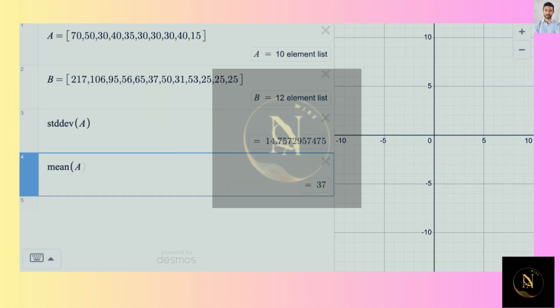The mean of set A is 37, and then you take each element, how much it's different from the mean. So 70 minus 37 squared plus 50 minus 37 squared plus 30 minus 37 squared plus so on and so forth. And then you square root all of that and it comes out to 14.76.